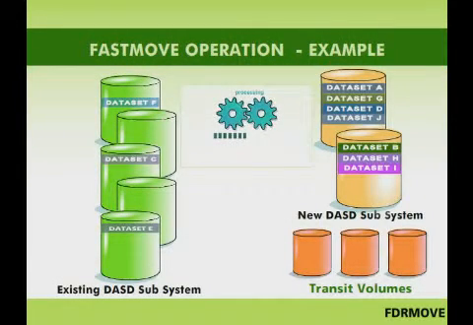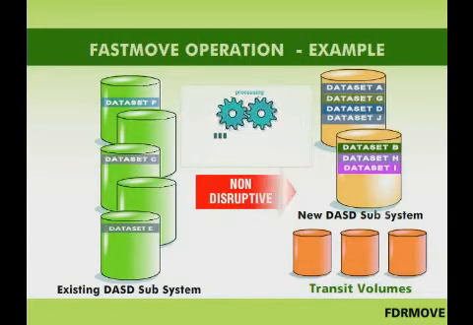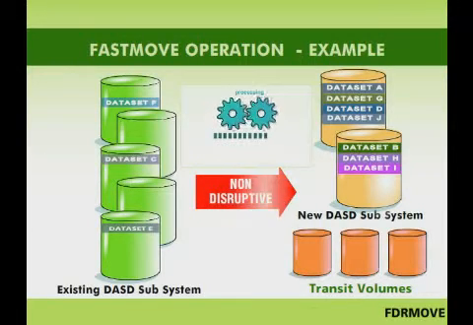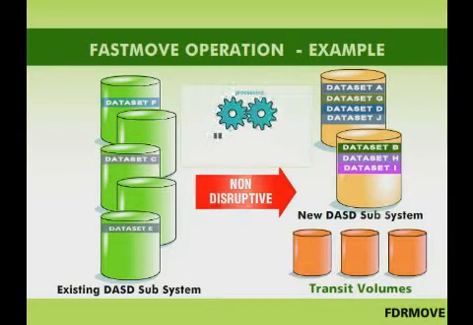The following example displays the various stages a FASTMOVE goes through to complete a dataset move. FASTMOVE is started, selecting datasets on the 3 volumes, which are currently active. As in our previous example of the move operation, 3 of the 5 volumes in the existing DASD subsystem contain datasets that are active for extended periods, with only a small window when applications are closed and the datasets become inactive.